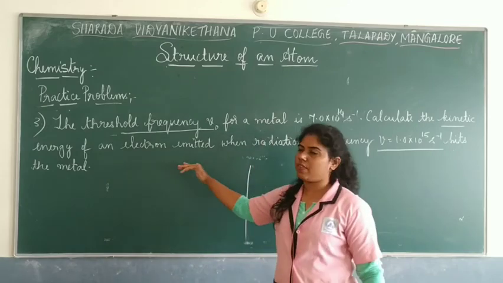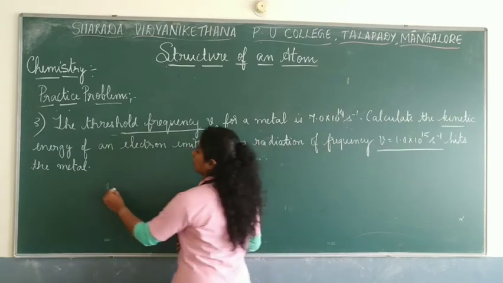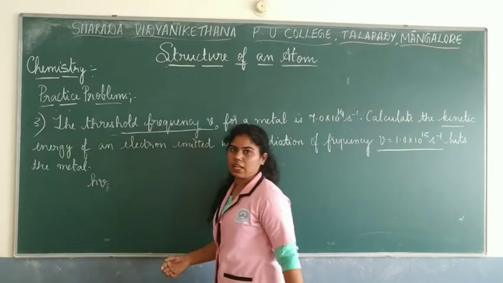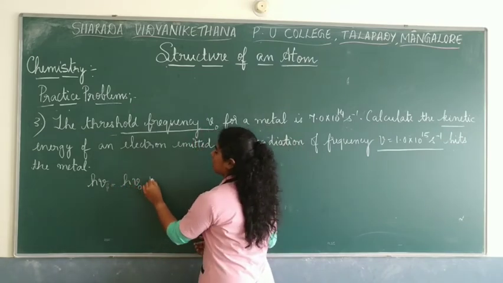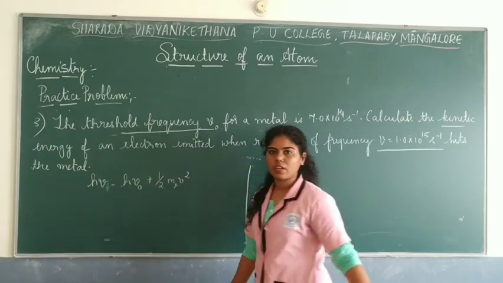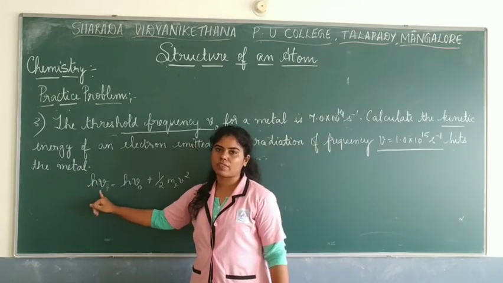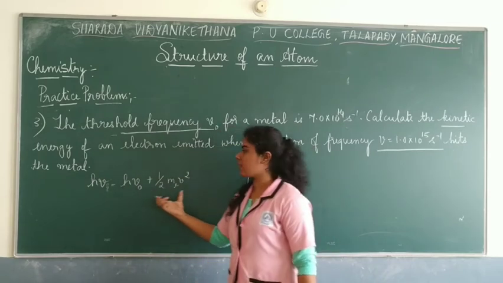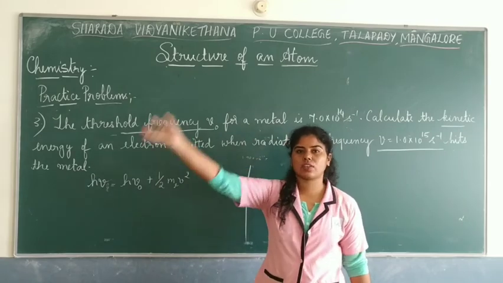So you have a relation from the photoelectric effect: h nu equals h nu naught plus half m v square. Remember this? h nu is the energy of the light falling onto the metal surface. h nu naught is the threshold energy, and the rest is given out as kinetic energy of the electrons being emitted.